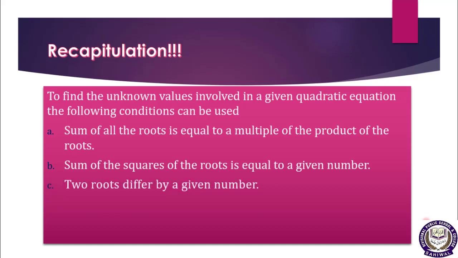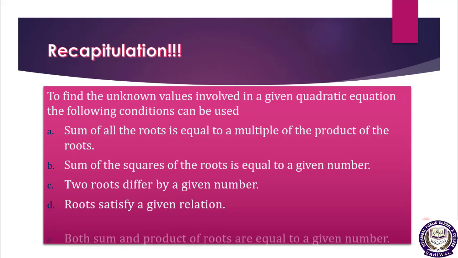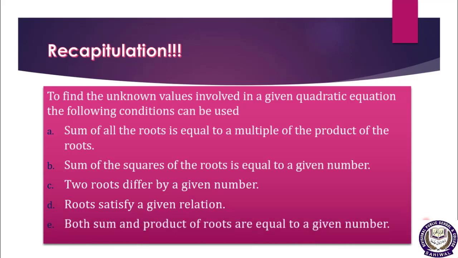The third case, which we have studied today, is when two roots differ by a given number. The next is when roots satisfy a given relation. And the last case is when both the sum and the product of the roots are equal to a given number.